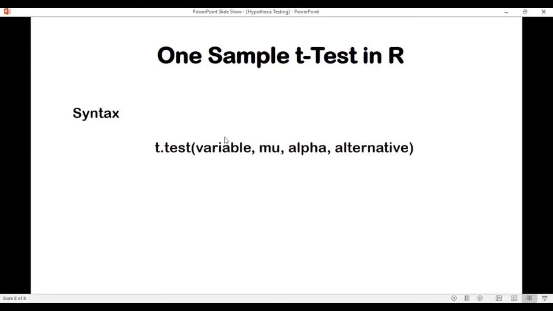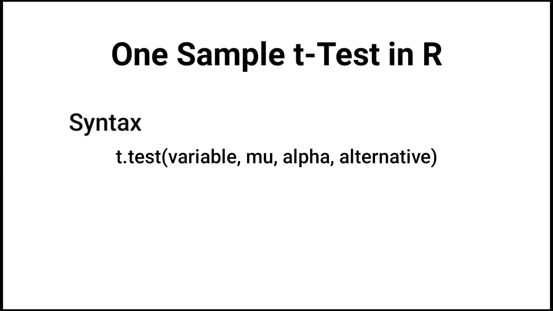Among all these parameters, only the variable is compulsory. The mu, alpha and alternative parameters are optional. If we do not give the population mean value, R by itself takes mu as 0. Now we are moving towards RStudio to see how we can apply the one sample t-test in R.